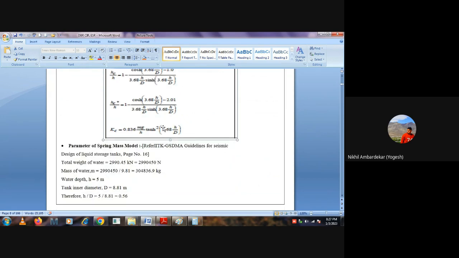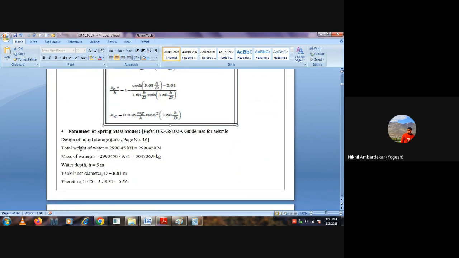I will directly go to our calculation. Again, just see this: design of liquid storage tank. What is the total weight of the water? We already calculated that. That's why we have converted the total weight of the water to mass. How to convert it? Just divide by 9.81.